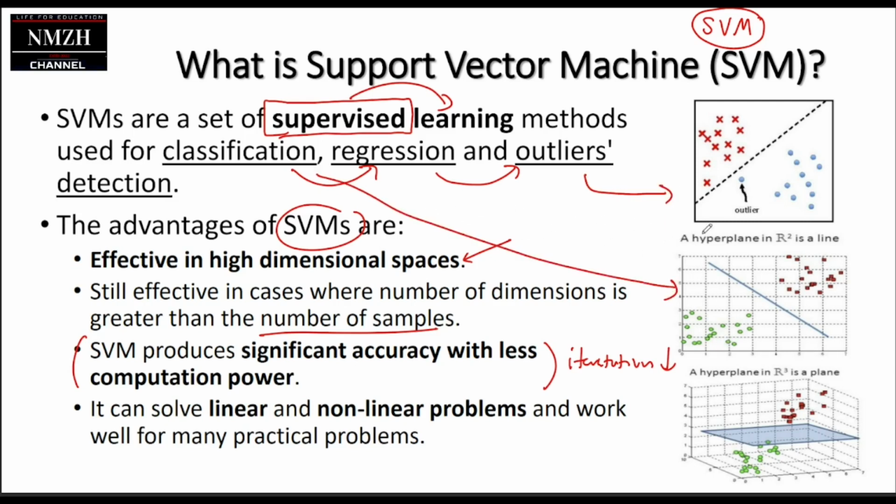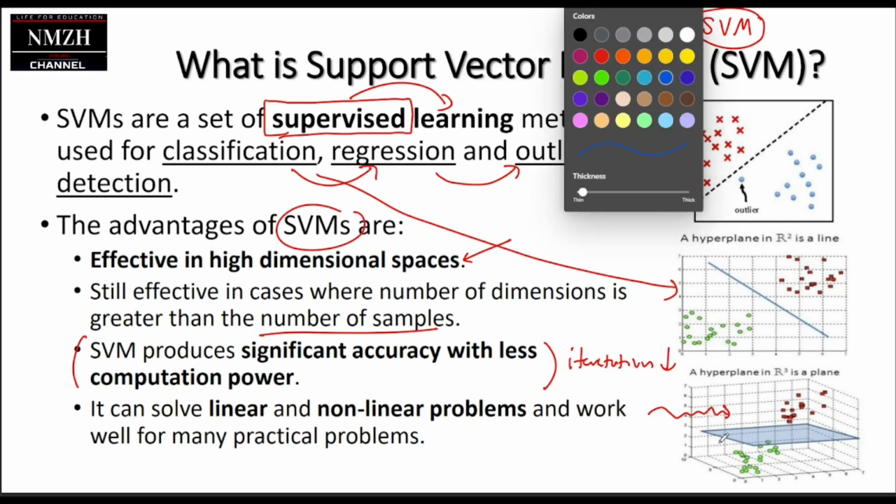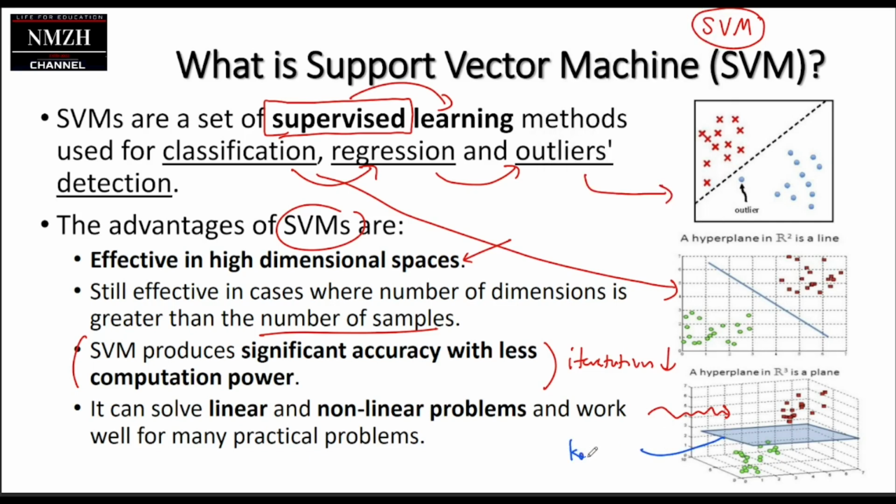Here we have something interesting to be discussed, which we call the kernel. Later on we will talk about that. The kernel means a solution for, let's say we have x and y, two-dimensional.